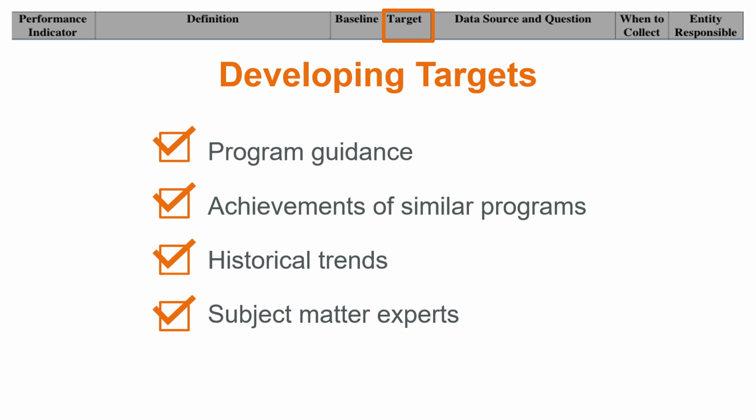Colleagues that are familiar with similar programs might also have valuable insight into what can be expected from such a program. And one should also review existing or relevant research findings. Targets can also be established by benchmarking, which is the process of comparing or checking the progress of similar projects or programs.